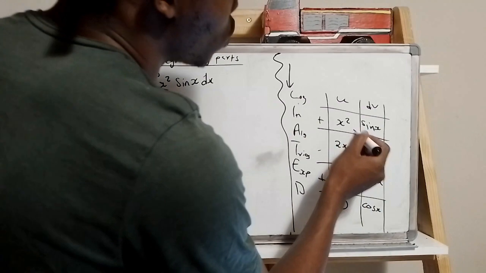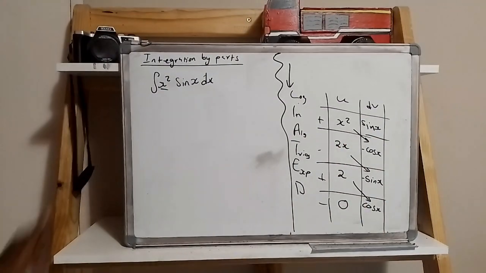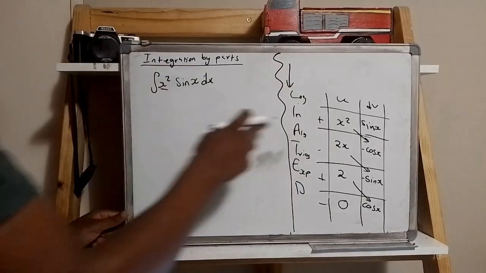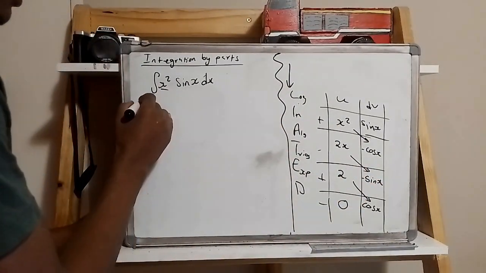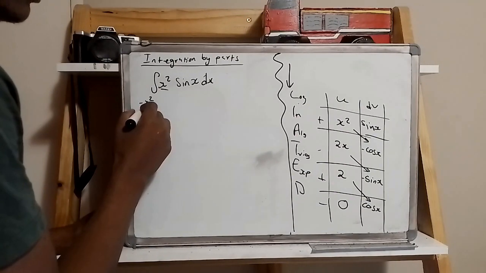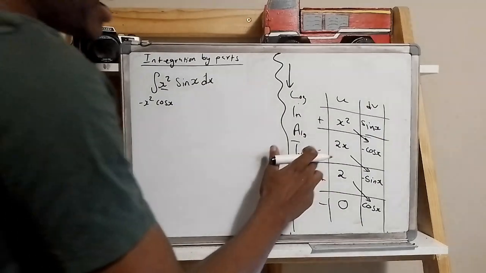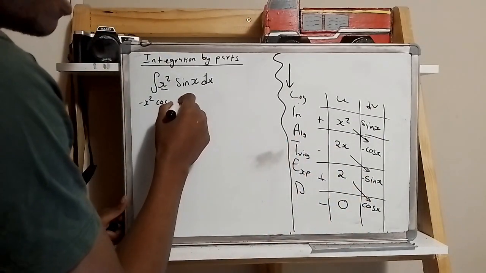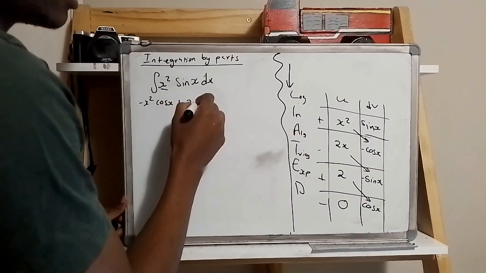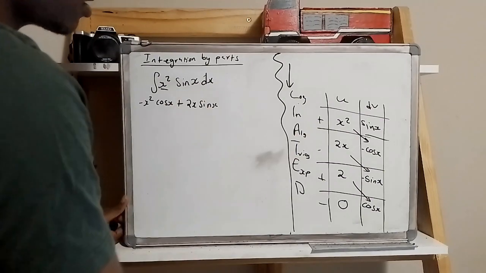Then I'm going to say this will multiply that, this multiply that, and multiply that. Then positive x squared multiplied by negative cos x will give me negative x squared cos x. Then negative 2x multiplied by negative sine x will give me positive 2x sine x.